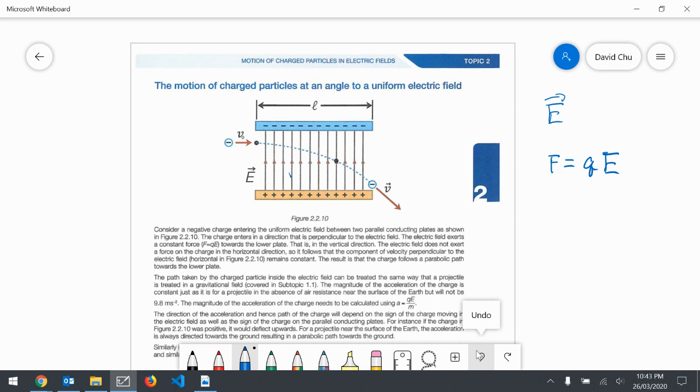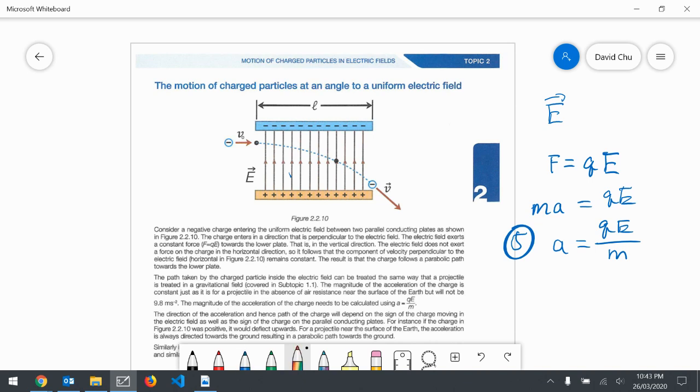Now recall Newton's second law, ma equals QE. So I can have acceleration a equals QE divided by m, and this is the fifth equation that we're going to use in this topic.